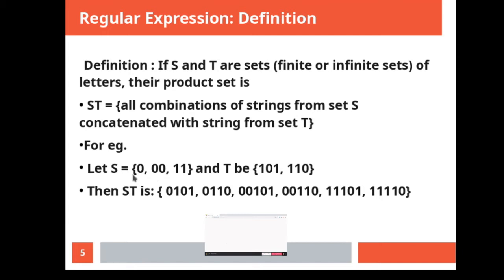Here is an example. You have 0, 00, and 11, three elements in this set S, and in T you have 101 and 110. So concatenation will be, these are the factors.